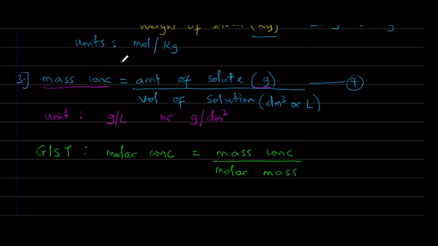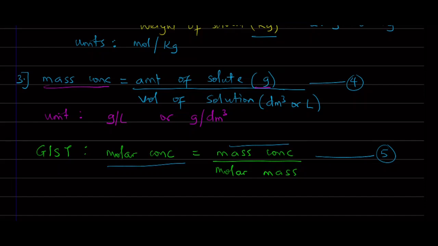So what relates the two parameters, molar concentration and mass concentration, is simply the molar mass. If I'm able to get the mass concentration, I can use that to get the molar concentration. If I've gotten the molar concentration, I can use that to get the mass concentration as well. So we have looked at the three major units that we have for solutions.